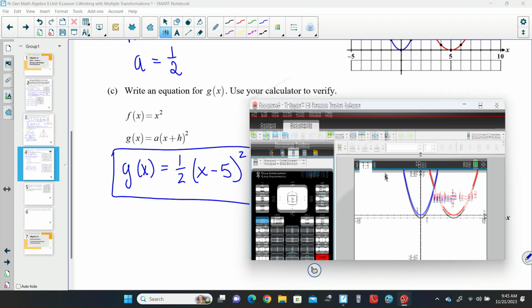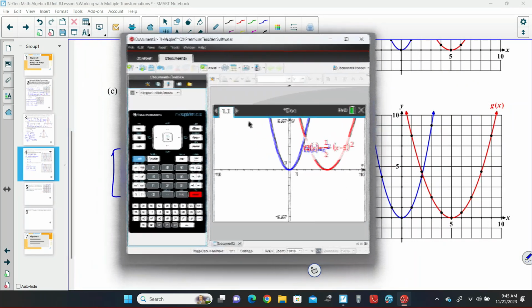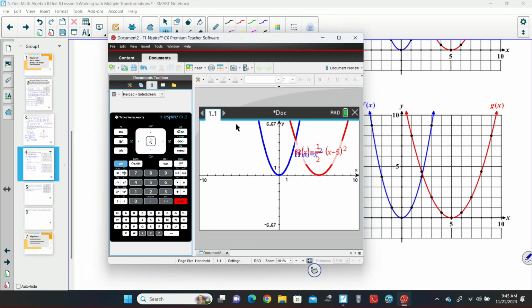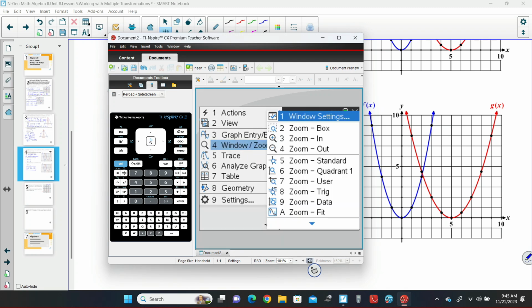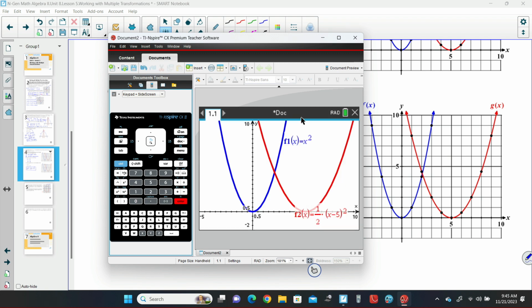And maybe I'll even set my window the way that I want it. That's -5 to 10. Let's do that, just to make sure it looks the way it does here.